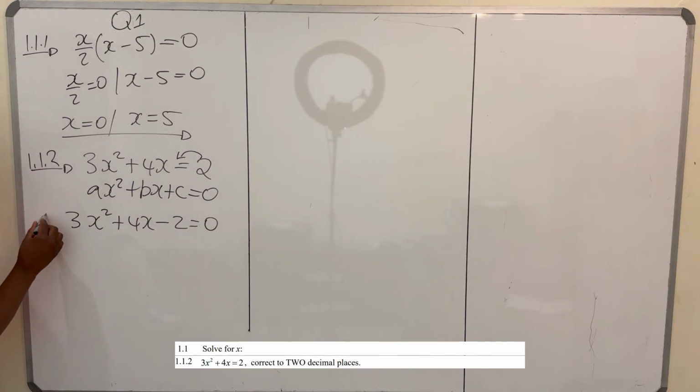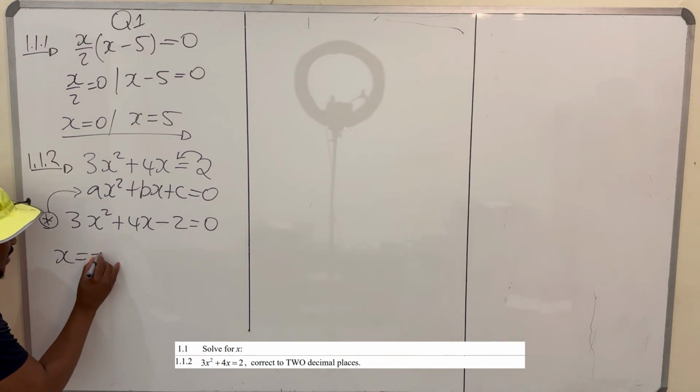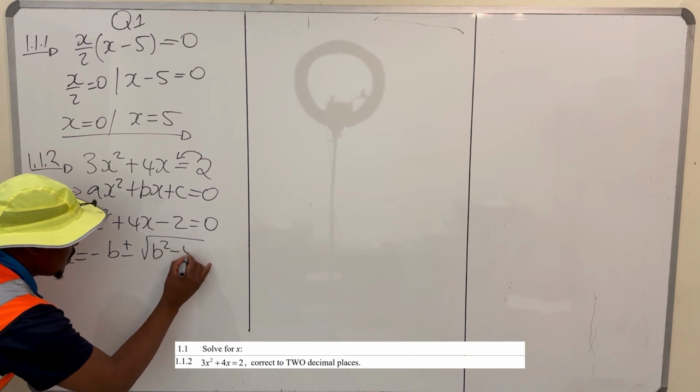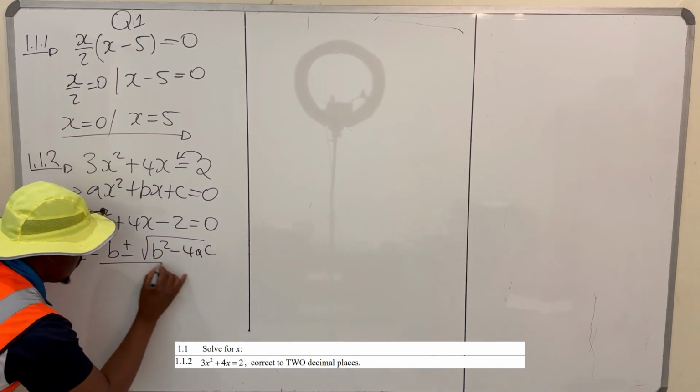Once we have it in this form, it resembles the standard form, and now we can apply our quadratic formula: x is equal to negative b plus or minus the square root of b squared minus 4ac, all divided by 2a.